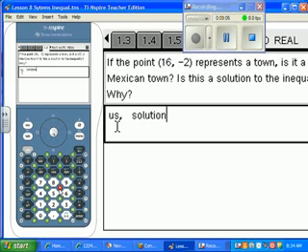Maybe. And how do we know it was a solution? This is in the shaded region. Shaded region, good. Okay, so it's in the shaded region, that's how we know it's a solution. Is everybody okay with that?